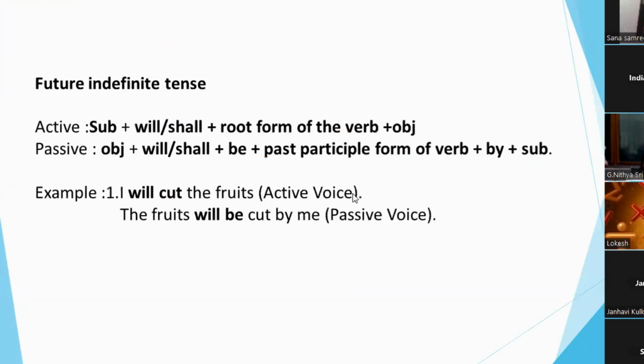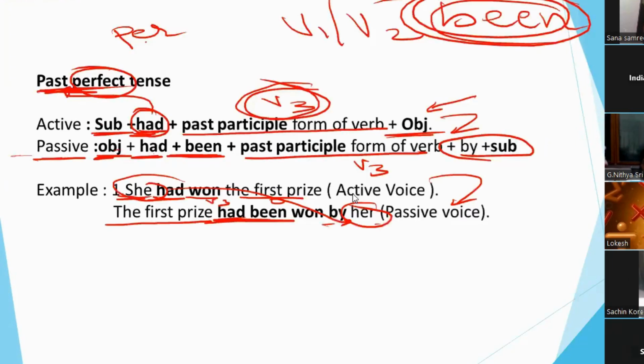Ma'am, can you please explain the passive one once more, the past perfect? Yes. For the past perfect tense, you'll have the structure in your active voice like subject plus had plus V3 form of verb plus object.